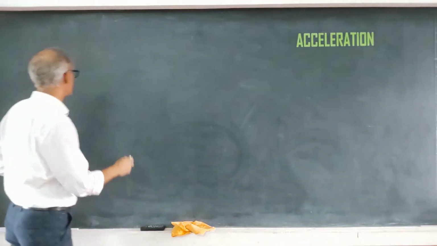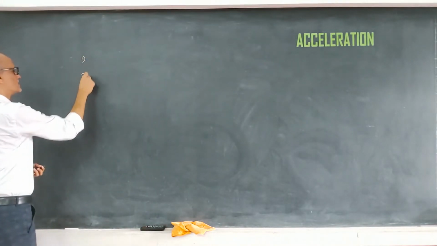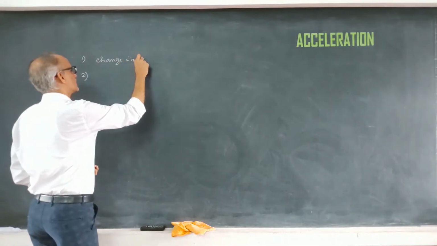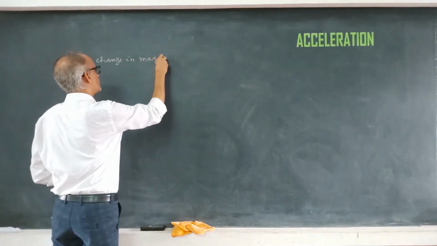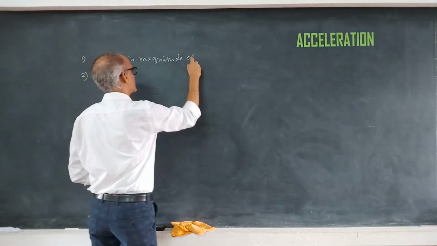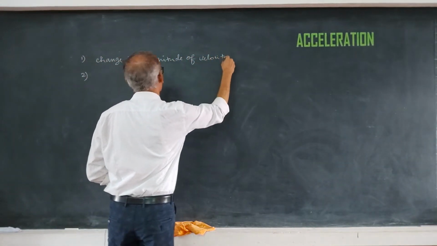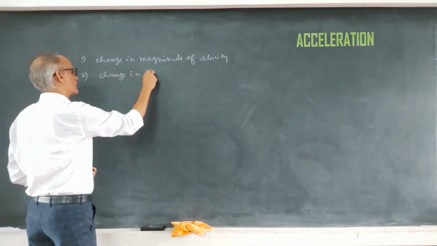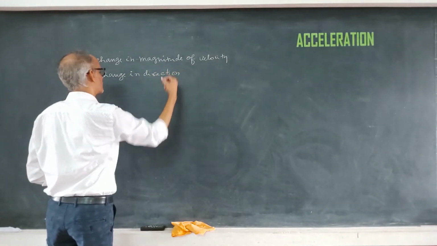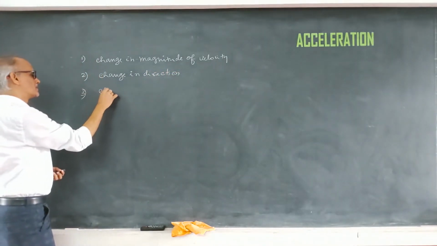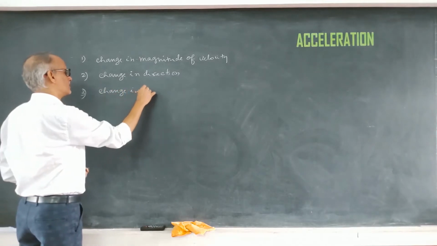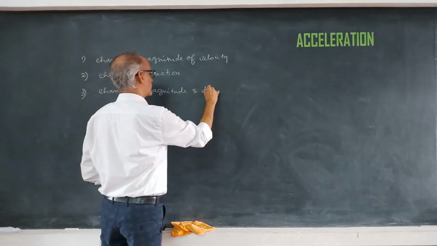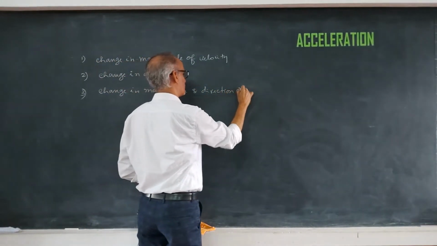A body is said to be accelerated when there is a change in the magnitude of the velocity, or whenever there is a change in direction, or whenever there is a change in magnitude and direction of velocity.